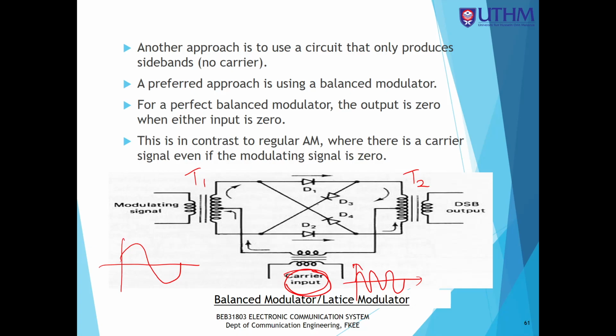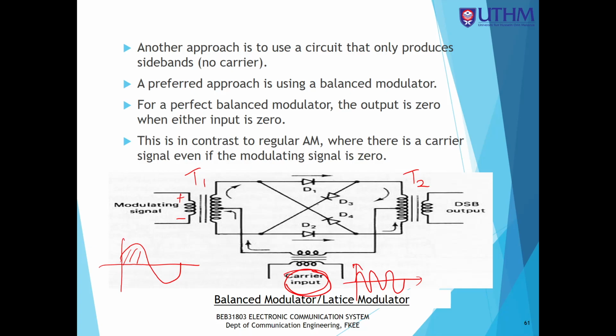During the positive cycle of the modulating signal, the carrier will undergo many changes from positive to negative.